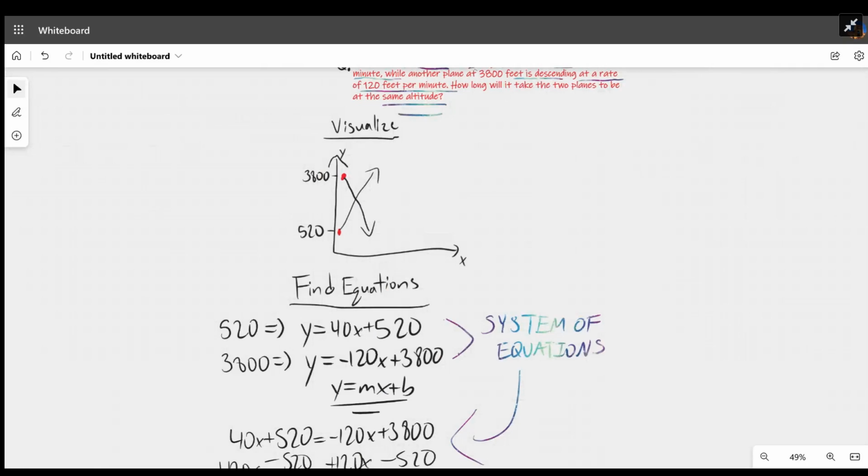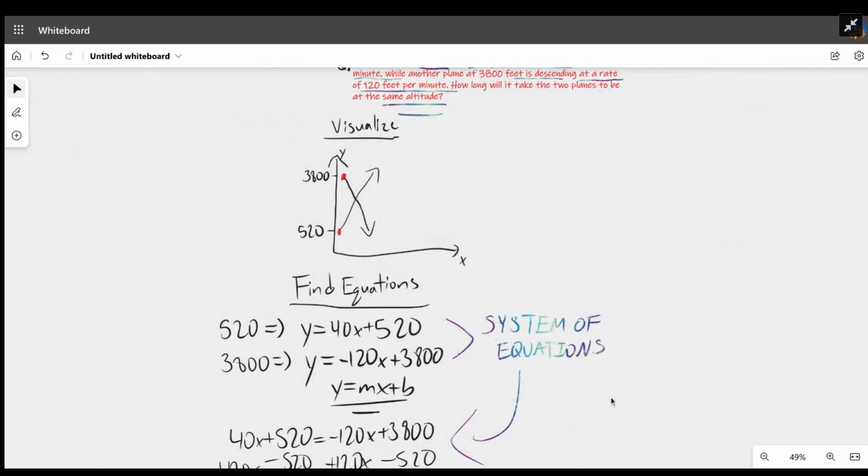The second one is 120 feet per minute descending, so since it's going down, the slope must be negative. So we have 40x plus 520, and negative 120x plus 3,800. Written like this, it looks very similar to a system of equations.